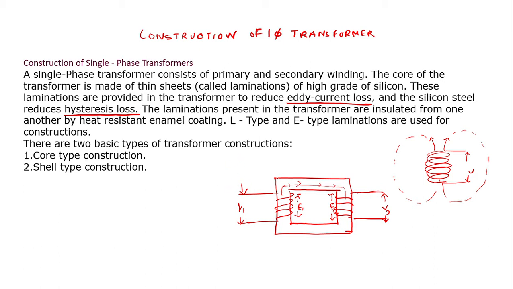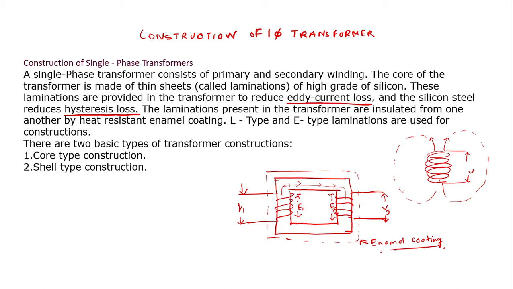So these are the laminations provided in the transformer. These are also insulated with a heat resistance covering, also known as enamel coating. This is also a kind of lamination to the core to make it heat resistant.